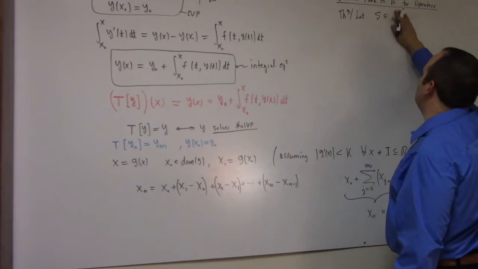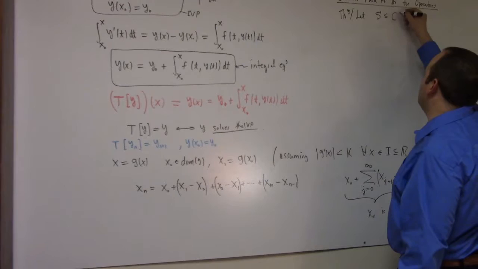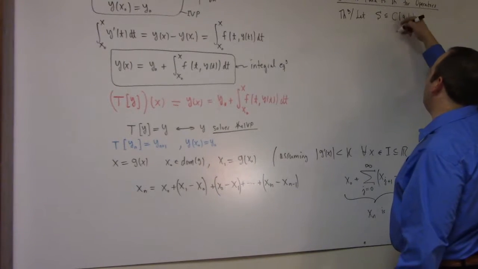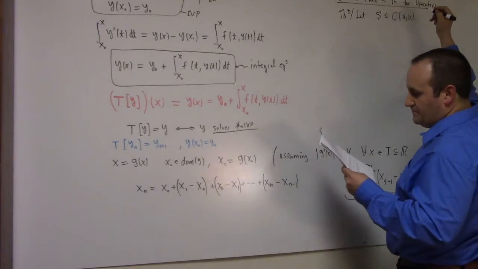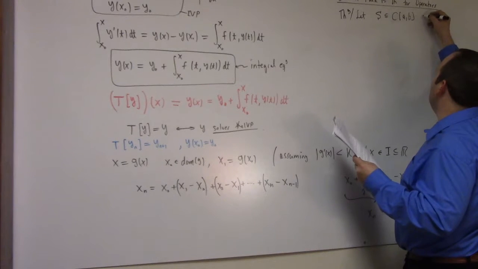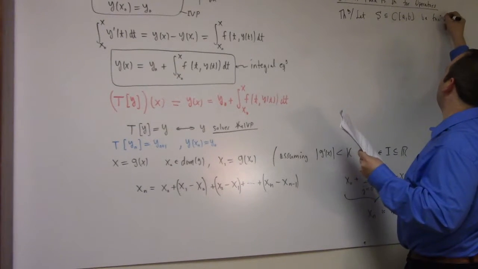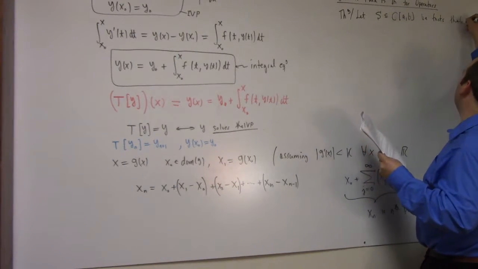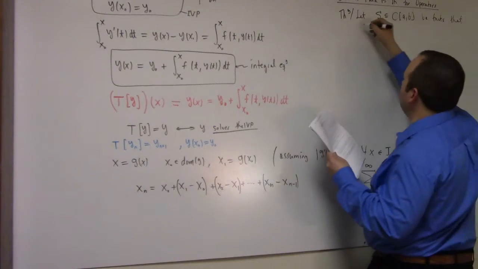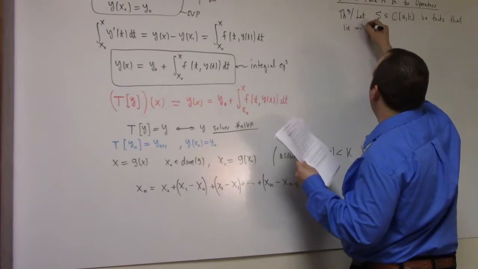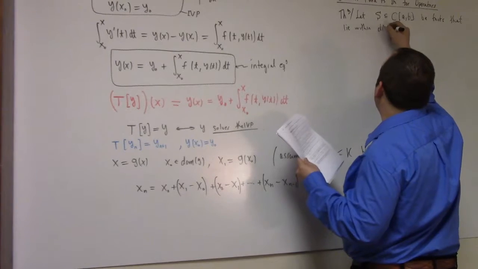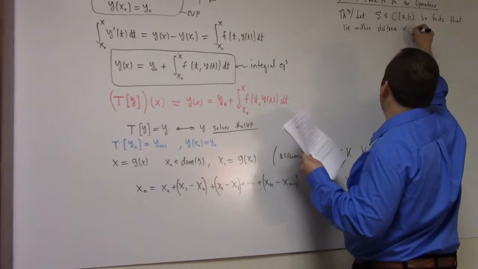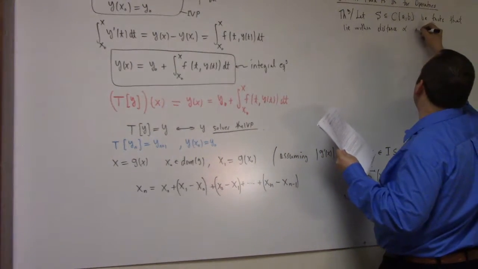Oh, good grief. I'm trying to look at complex. What am I doing? So it's a subset of the continuous functions. Which subset? It's functions that do what? That lie within distance alpha of a given function.